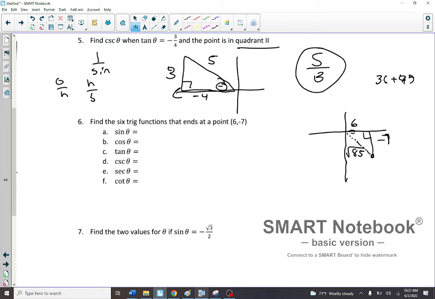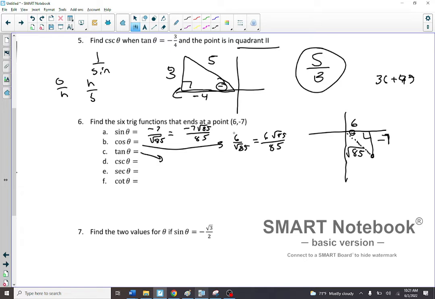All right, sine is opposite over hypotenuse. Since your theta is here, it's always at the x-axis. Sine is opposite over hypotenuse, so negative 7 over root 85. But since it's multiple choice, I will have it properly formatted: negative 7 root 85 over 85. For cosine, that's going to be adjacent, 6 over root 85, which we rewrite as 6 root 85 over 85.